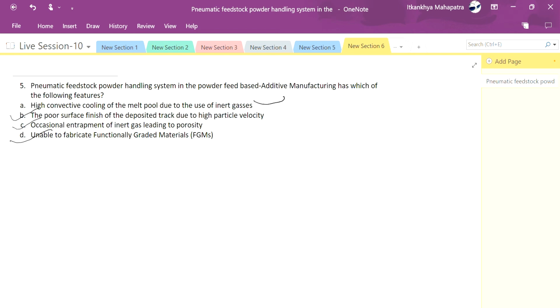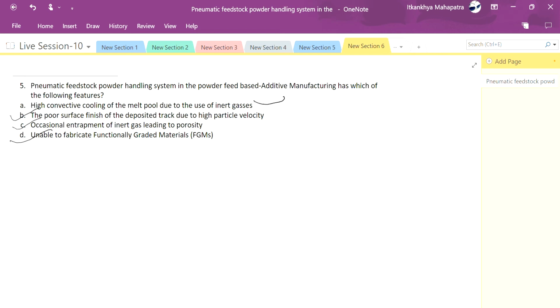Now functionally graded materials are materials which vary along the longitudinal direction or the axial direction with respect to their density, thickness, cellular size, which are some of the major functionalities.